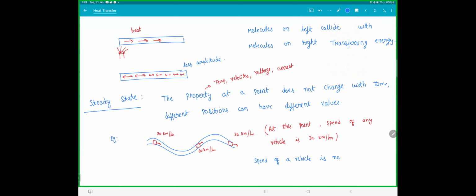Speed of a vehicle is not constant with time. But at a given position, speed is constant. Is this clear, everyone? Speed at a position is constant.